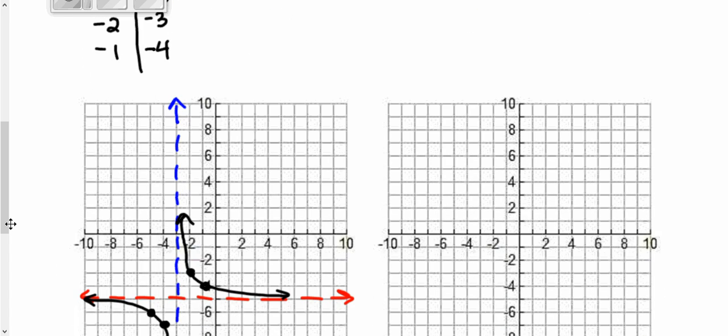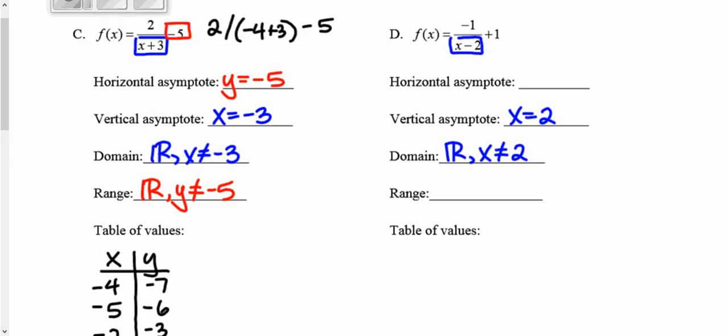So vertical line at 2. And now we're going to look at the horizontal asymptote, which would be that number at the end. So notice I'm ignoring that number in the numerator. That doesn't affect any of the asymptotes. So the horizontal asymptote is at y equals 1, so the range is everything but 1.